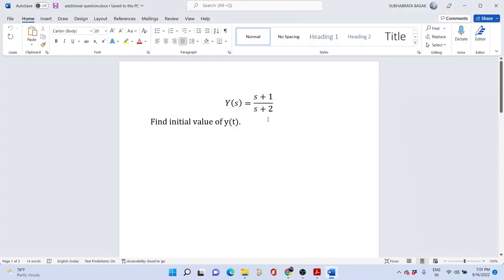Last day I raised this concern. What is the structure of this? What is this I have written? S plus 1 divided by S plus 2. This is a lead-lag compensator, right? There is a zero at s equal to minus 1, and there is a pole at s equal to minus 2.